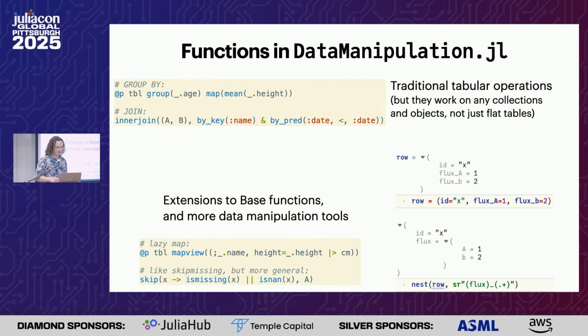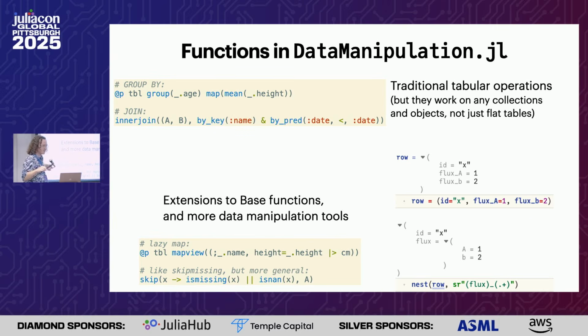Joining is in FlexiJoins, which I will also be giving a dedicated talk about tomorrow. So this is one part: more general tabular operations that work with a wide variety of types. And the second part is mostly small extensions to base functions that also occur naturally in many data manipulation workflows.